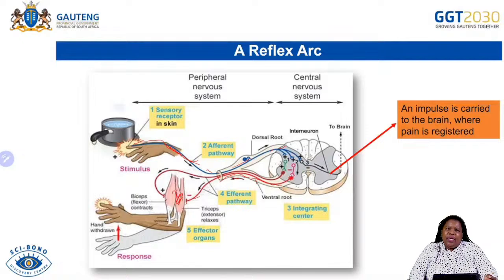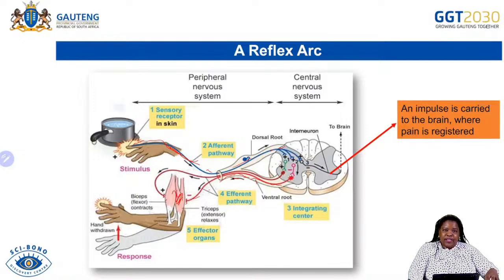And imagine if you put your hand on a hot substance, and the sensory neuron senses the change in the environment, to say this is heat.